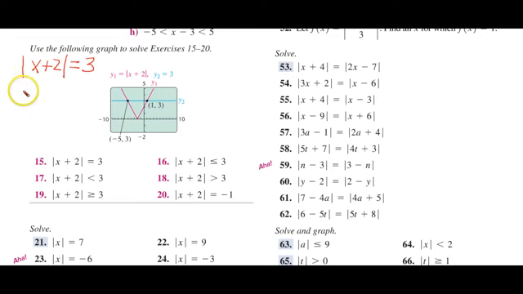Well, we take away the absolute signs. We write it that way, and then we write it again. Take away the absolute signs. And then it's the opposite sign of 3. Could be a negative 3. So when we solve this, we get x equals 1. Here, x equals a negative 5.